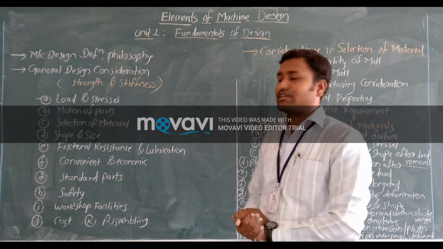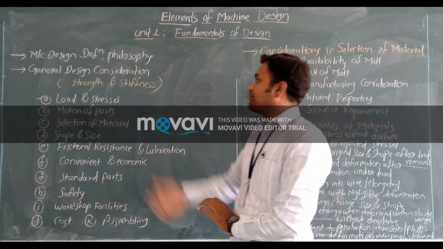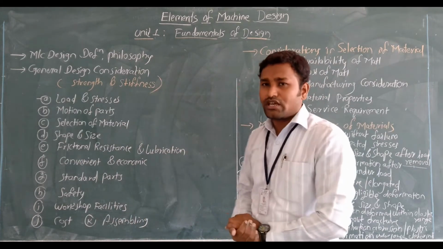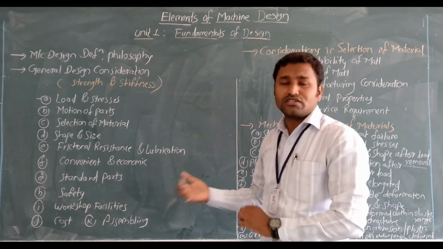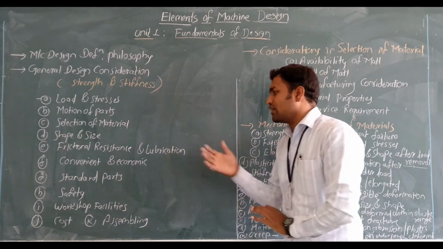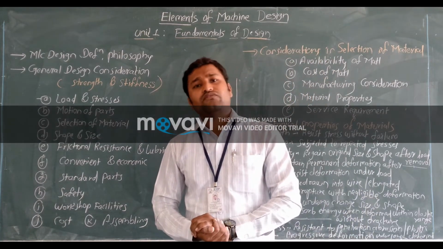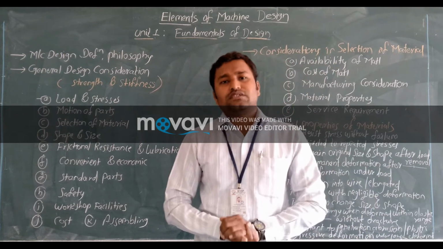These factors are: load and stresses, motion of parts, selection of materials, shape and size, frictional resistance and lubrication, convenient and economic features, standard parts, safety in operation, workshop facilities, cost and assembly.